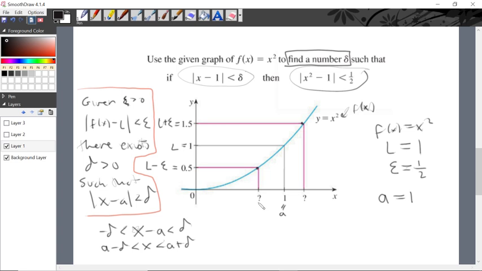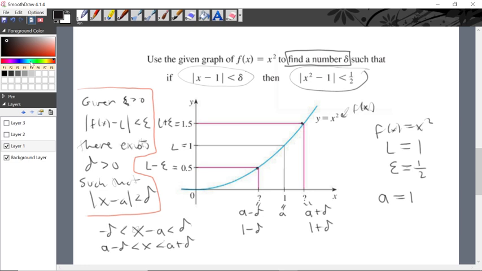So that's what this one is then. This is our a minus delta right here, and this is a plus delta right here. Now, a is equal to 1, so this is 1 minus delta right here, and this is 1 plus delta right here.